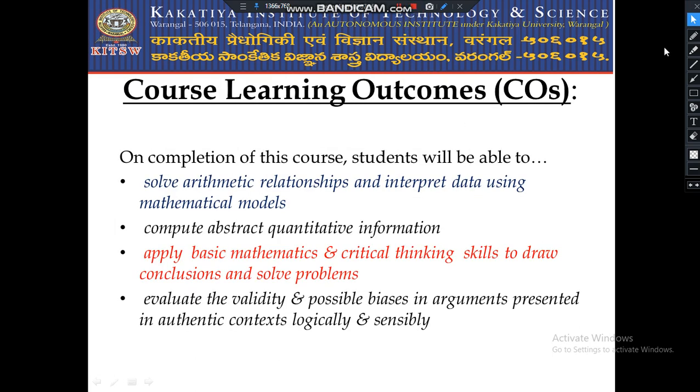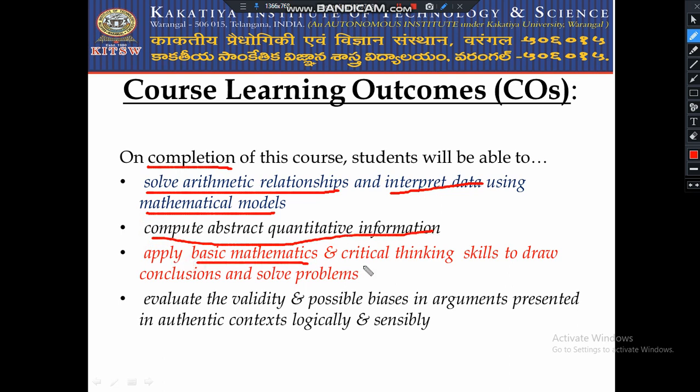And the learning outcomes are, on completion of this course, students will be able to solve arithmetic relationships and interpret data using mathematical models, compute abstract quantitative information, apply basic mathematics and critical thinking skills to draw conclusions and solve problems, and evaluate the validity and possible biases in arguments presented in authentic contexts logically and sensibly.